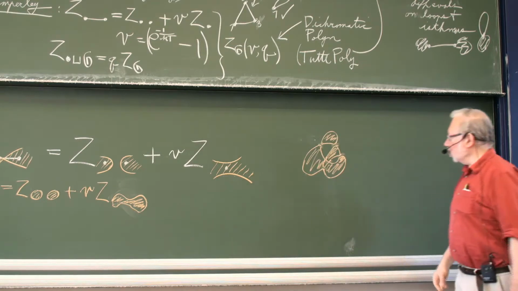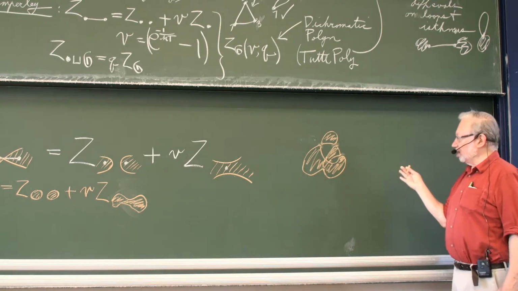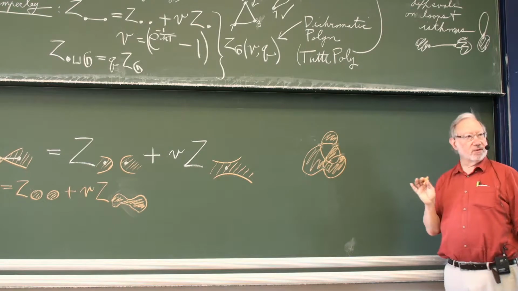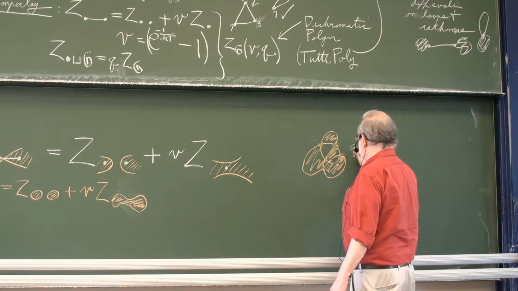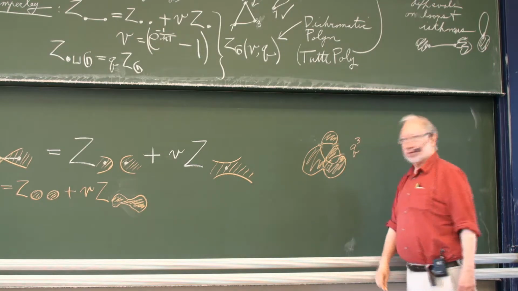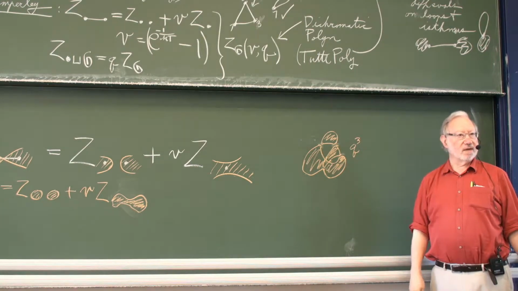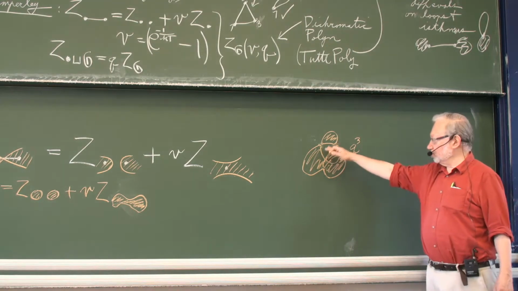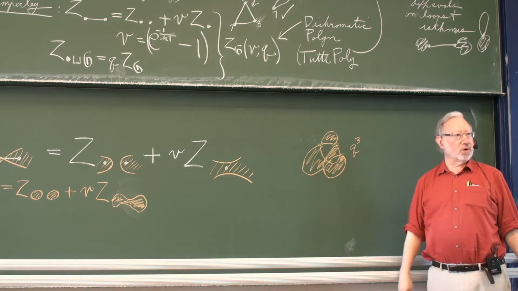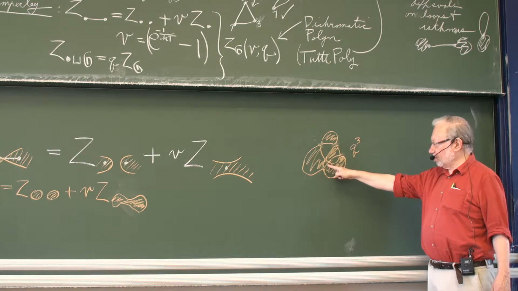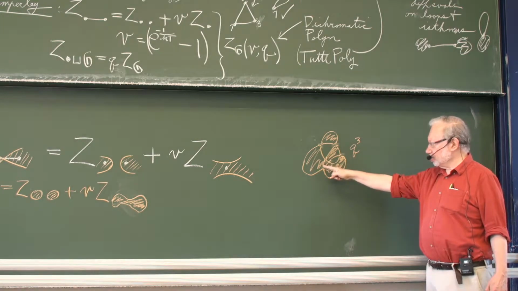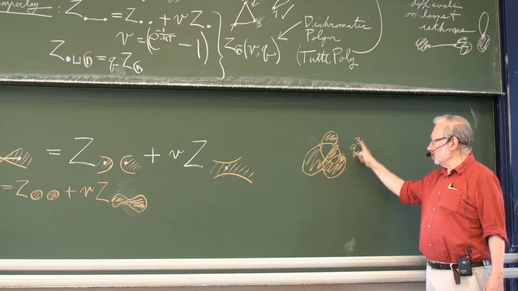And then what evaluation am I going to get of the dichromatic polynomial? Well, the answer is q cubed, right? That's what's going to come from just that. And then I would have gotten some v's or not, depending on whether I smoothed it one way or the other. But the evaluation of a bunch of regions is going to be q to the number of regions.